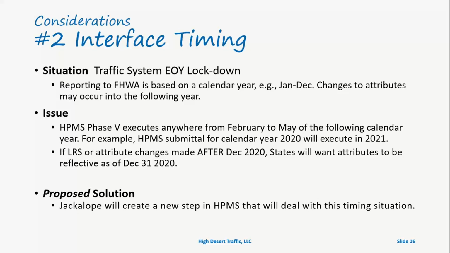And the second timing issue we came up with was something probably everybody's a little bit familiar with, which is the traffic system end of year lockdown. So when you guys are going throughout the year, you're making, and this is general, this is not just roads and highways people, you're making changes to your LRS, you're adding roads, you're adding sites, you're doing all that fun stuff.